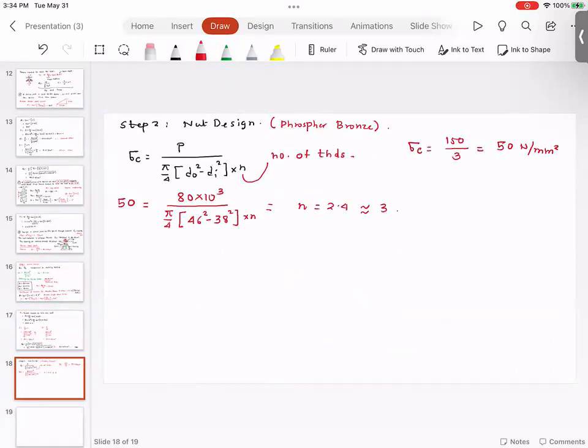Now a word of caution. If you have a nut and if you have a screw, you need a minimum of 3 complete teeth or complete turns in engagement for a proper engagement.